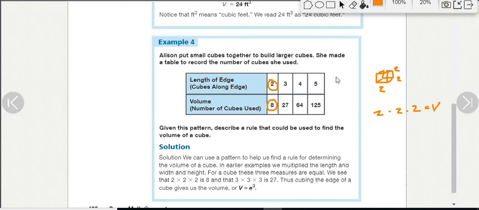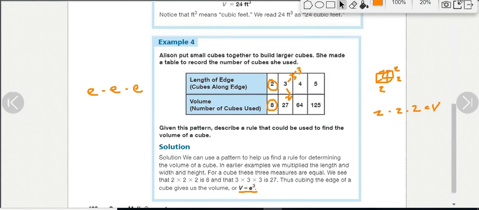So with a cube, all 3 measure the same. So 3 times 3 times 3 is 27. So we've found that volume of a cube really is just an edge cubed. Cubed means times itself 3 times.